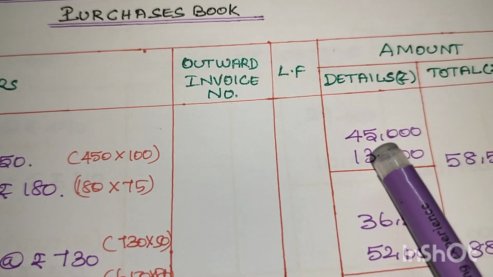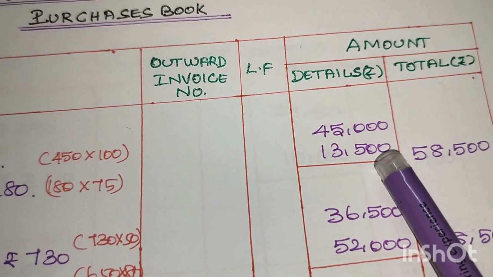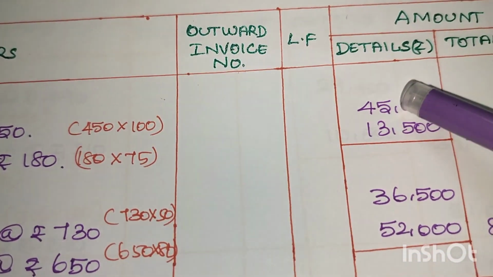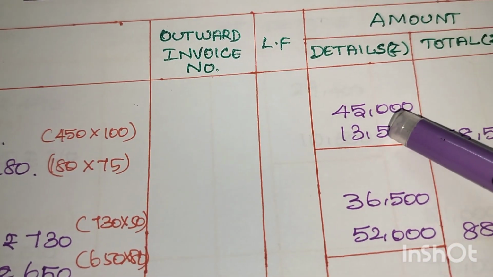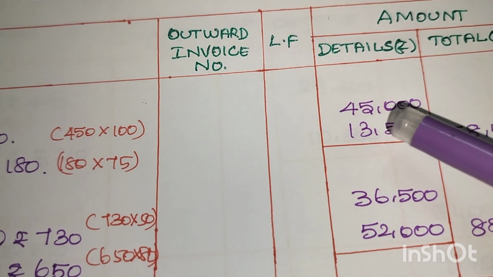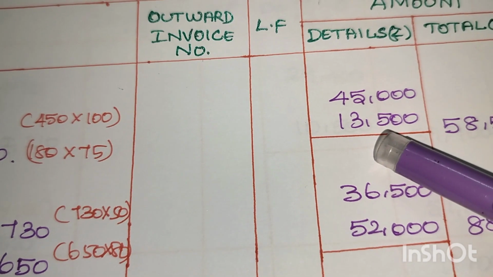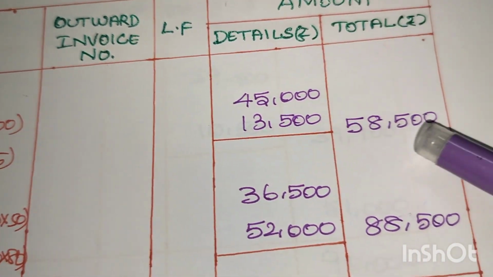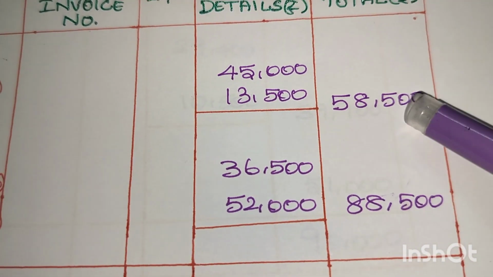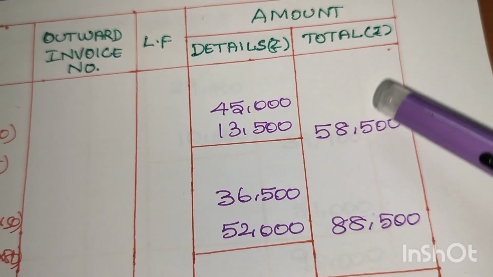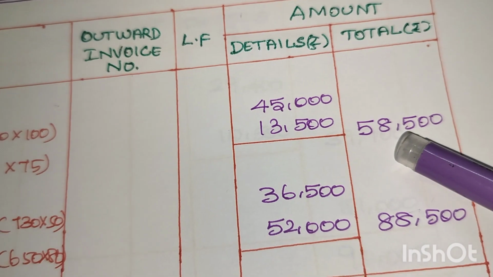How much do we get? We got 13,500. So we have to add the details amount to get the total. How do we get it? 45,000 plus 13,500. We got 58,500. So 58,500 is to be entered into the total column.